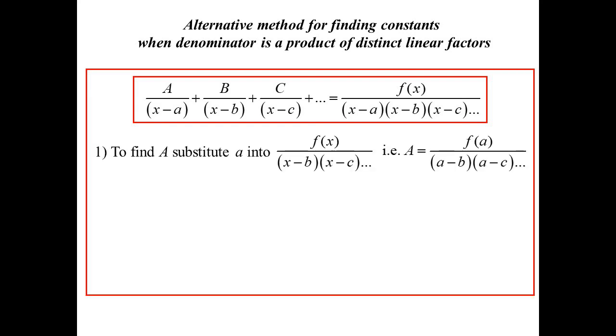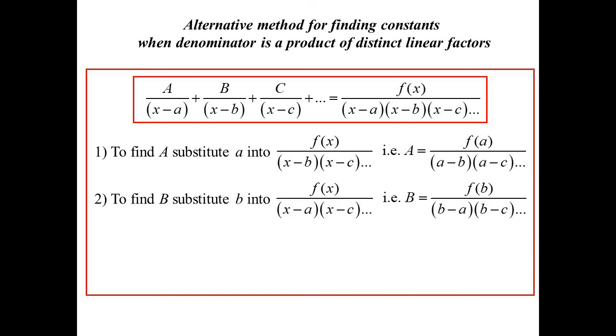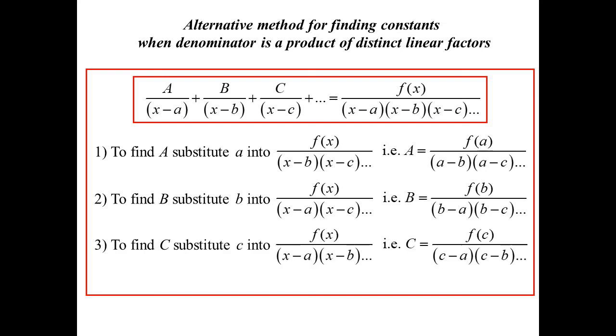To find a, substitute little a into the function with the x minus a factor removed. Why it's called cover up, because it's like saying, I will cover up that factor, I don't want it. So it's like it's not there, and I'll substitute into everything else. Then to find b, I do exactly the same. I'll cover up the x minus b and substitute b into everything. And then to find c, I do the same, and so on.